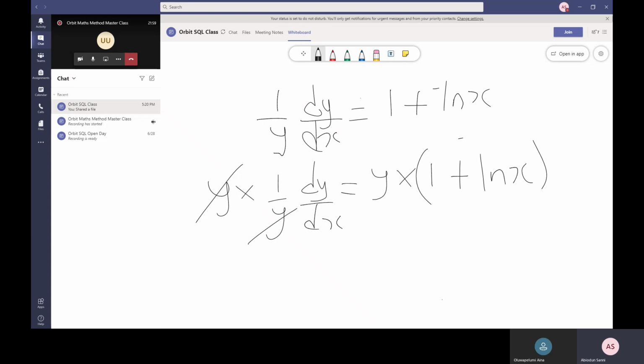So I'll have 1 times dy/dx, which is dy over dx, equals y into bracket 1 plus ln x.